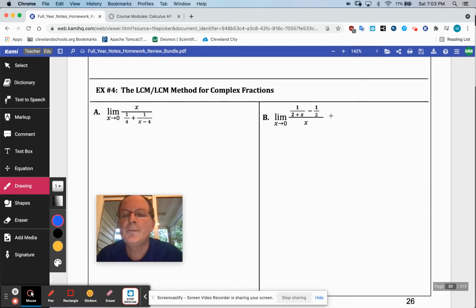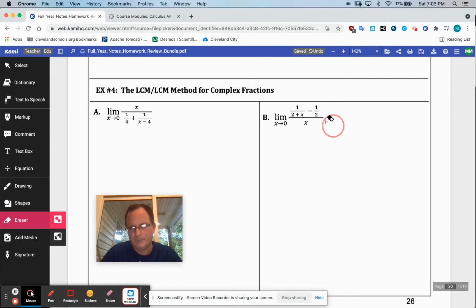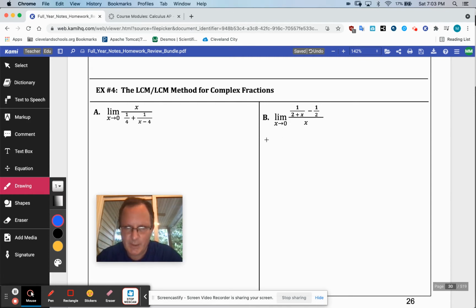All right, so I'm going to bring those two fractions in the numerator together as one. Their denominator, just about every time, is just the two multiplied together. So the limit as x approaches 0, the bottom of the fraction is just going to stay x.